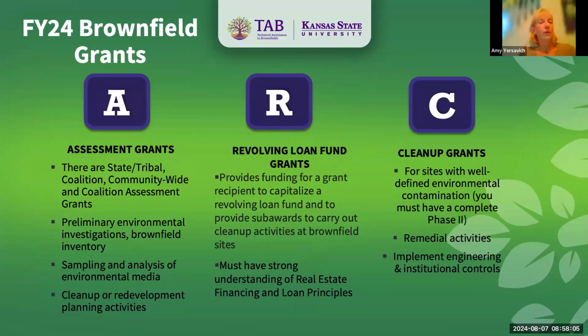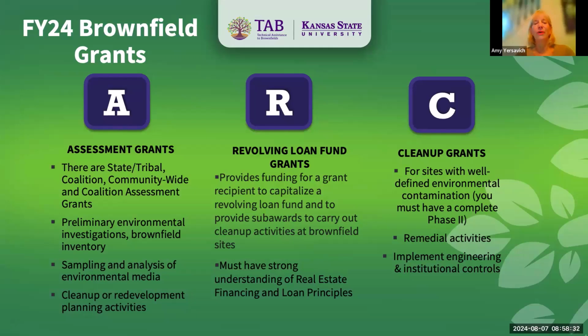There are state, tribal, and community-wide assessment grants. They can pay for preliminary investigations, typically known as phase 1 investigations, sampling and analysis, and other activities, typically known as phase 2 investigations, and cleanup or redevelopment planning.